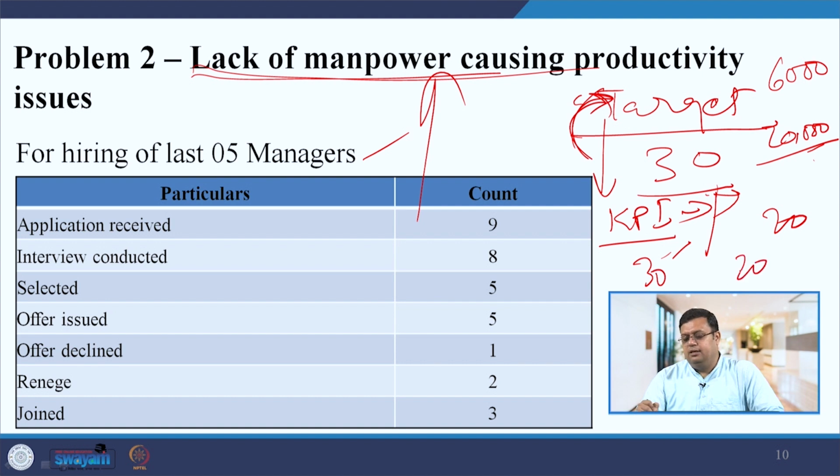Currently you have 10, so you need to hire 10 more people. Immediately you inform the HR manager, and after that you present these statistics. Here you can see the problem and presentation are mismatched, it is not matching. These are the issues you have to be very careful about while making your presentation. So let us move to the next.